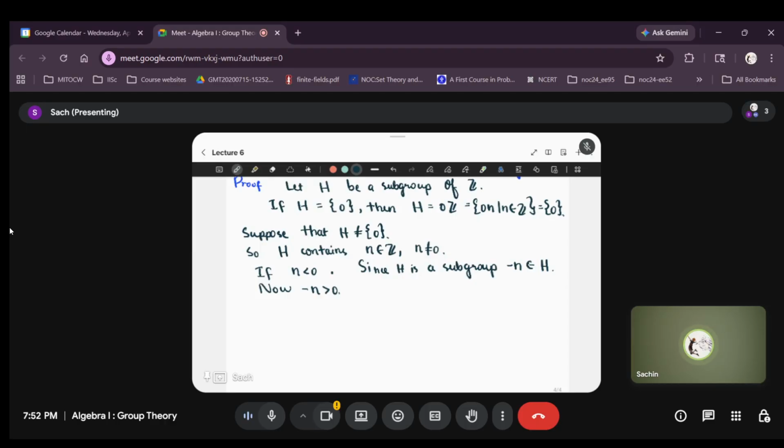We have already gotten rid of the trivial subgroup case. So H contains at least one positive integer.